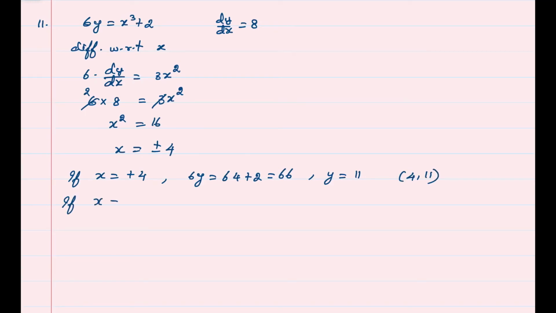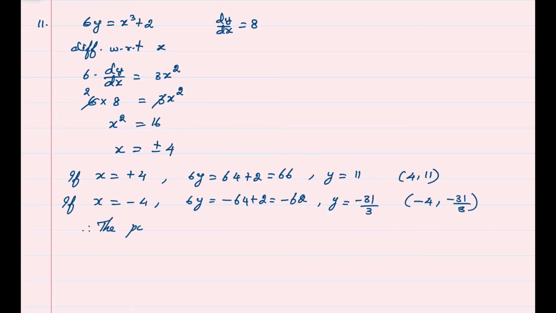If x is minus 4, 6y is minus 64 plus 2, which is minus 62. Therefore, y is minus 31 divided by 3. The point is minus 4, minus 31 divided by 3. Therefore, the points are 4, 11 and minus 4, minus 31 over 3.